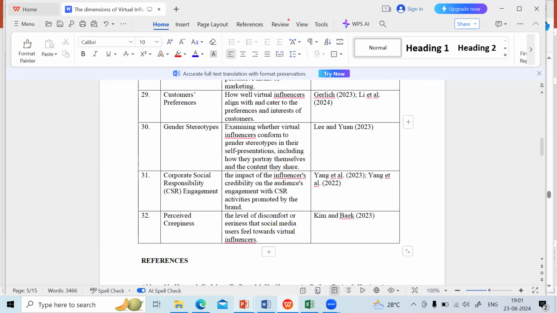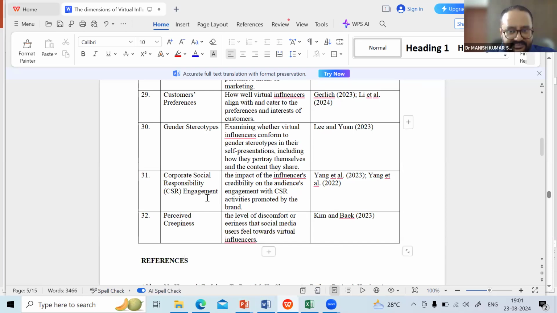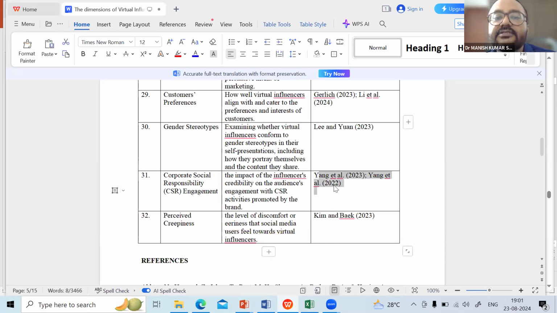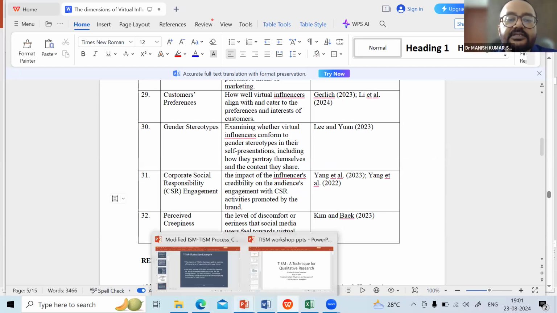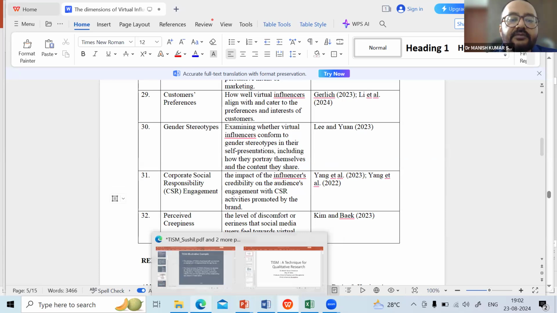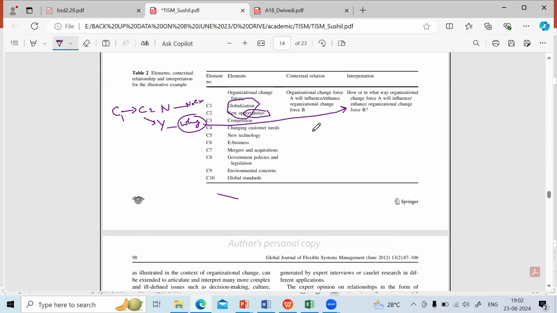So in any project we have to identify these elements first, supported by the literature survey. Then, with the help of the Delphi method, you can reduce the number, and only after reducing can we go ahead. Now it has been reduced.